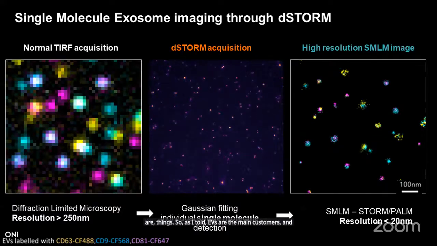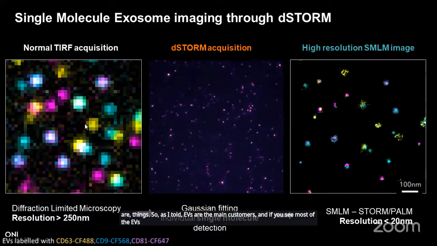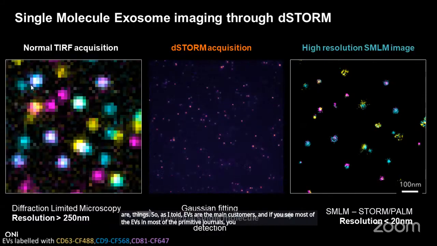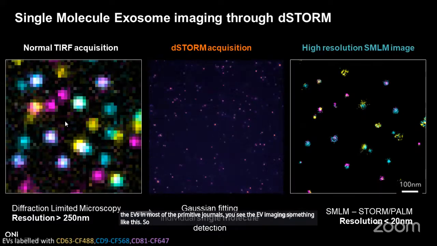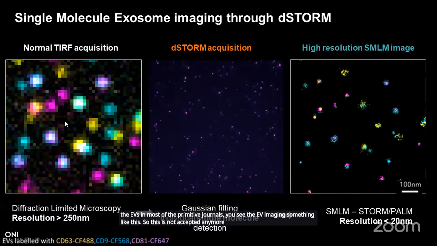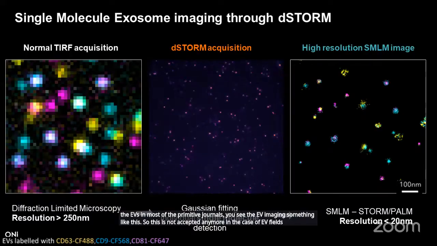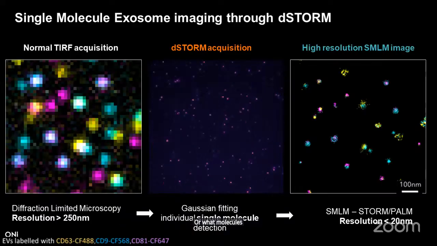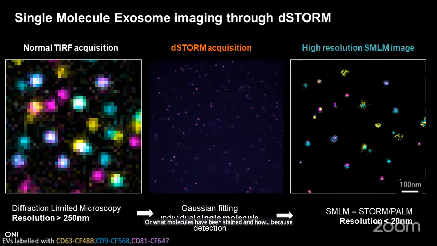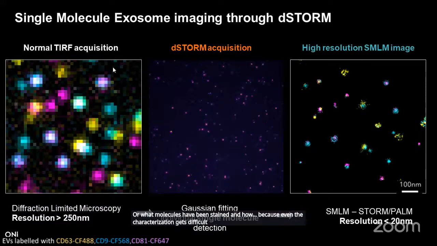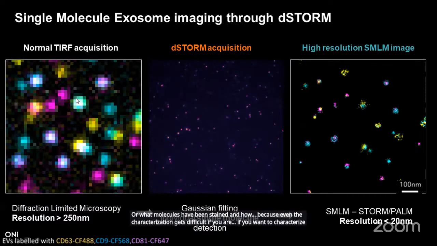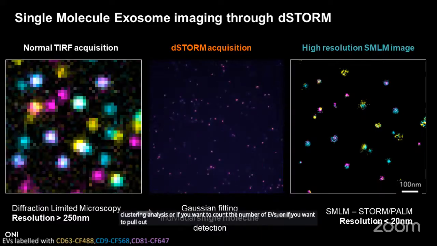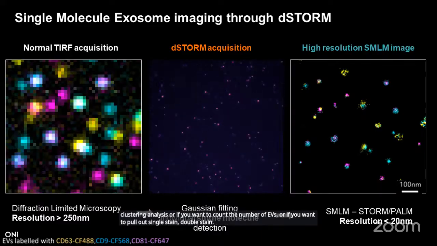And if you see most of the EV imaging in most of the primitive journals, it looks something like this. This is not accepted anymore in the EV field. They want it to be precise. They want to know exactly what molecules have been stained and how, because characterization gets difficult if you want to do clustering analysis, or count the number of EVs, or pull out single stained, double stained or triple stained EVs.